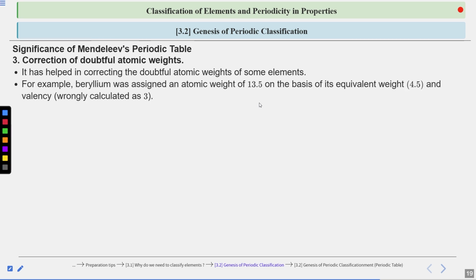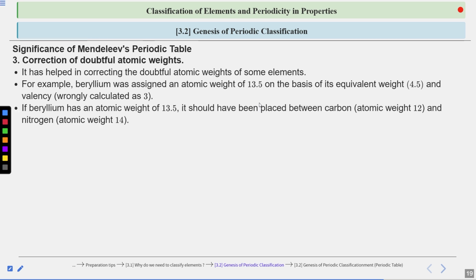For example, beryllium was assigned an atomic weight of 13.5 at that time when he was systemizing the elements, but you know very well that this is not the true value. And due to this, they also got the wrong valency.